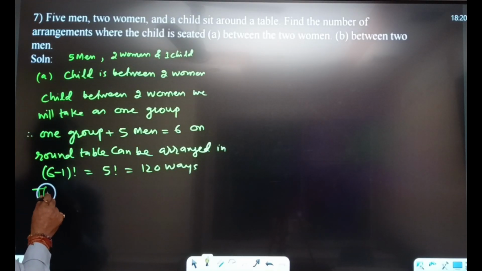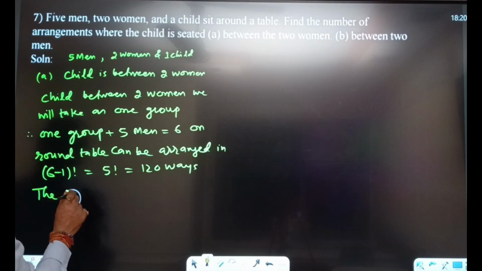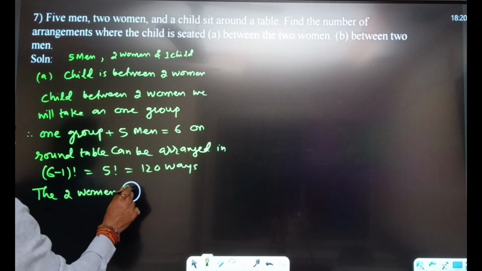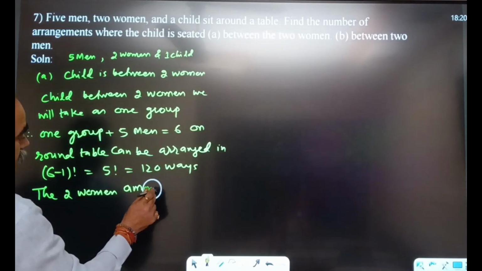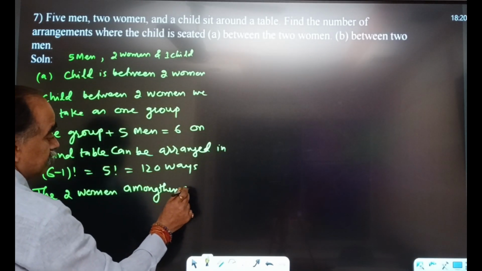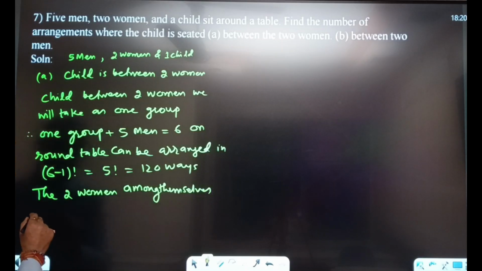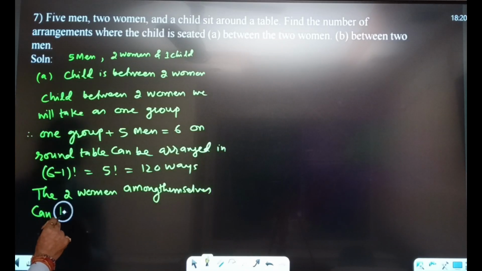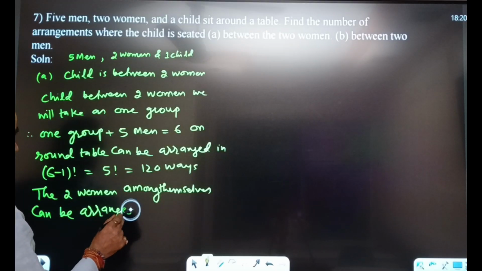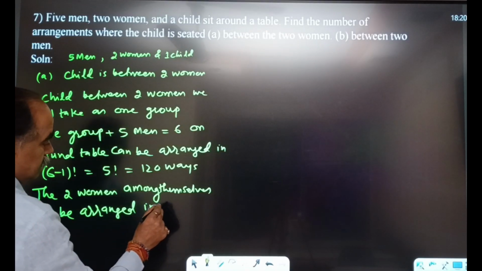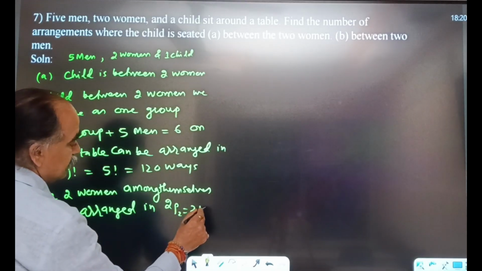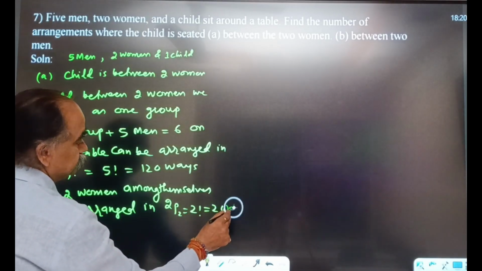The two men among themselves can be arranged in 2P2, 2 factorial, which is equal to 2 ways.